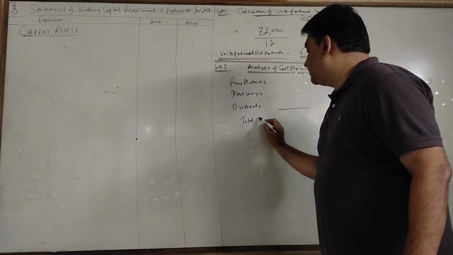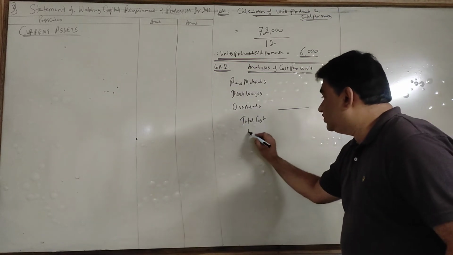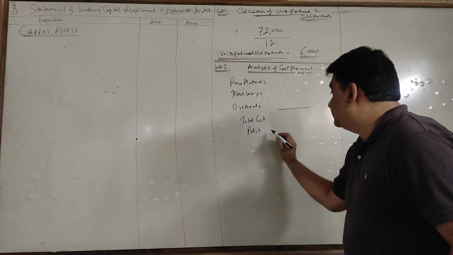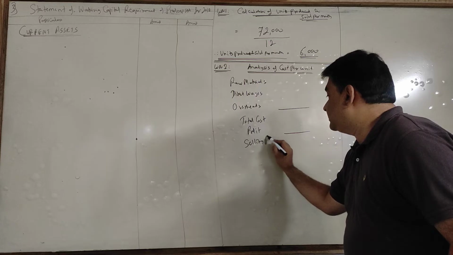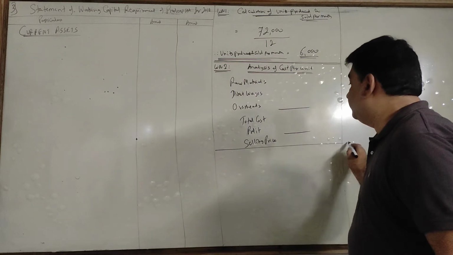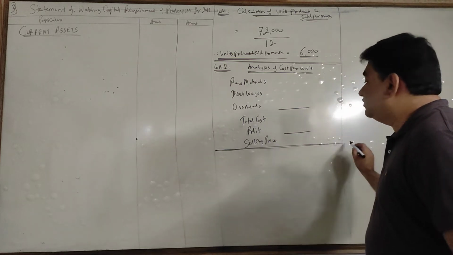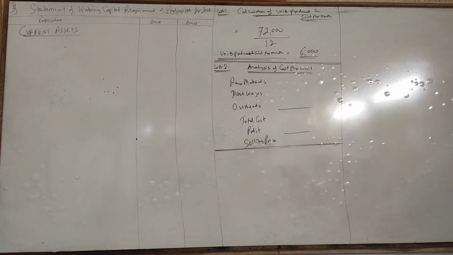For presentation purposes, the total of the 3 we'll call total cost. There is selling price. So the difference between the selling price and the total cost will be your profit.